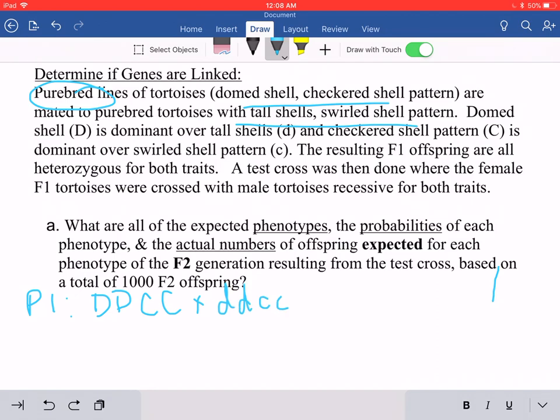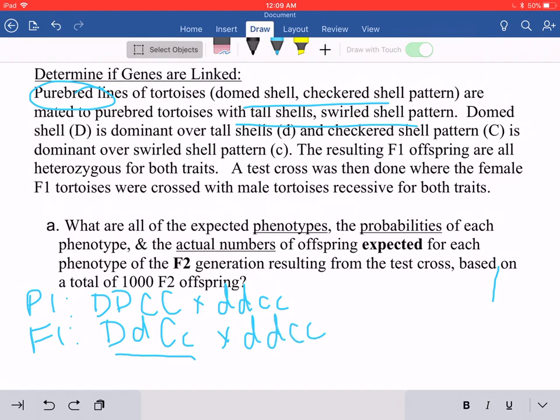That means that the F1 generation was all big D, little d, big C, little c. And so they did a test cross, which means that they crossed this genotype with a completely homozygous recessive test cross individual, okay?